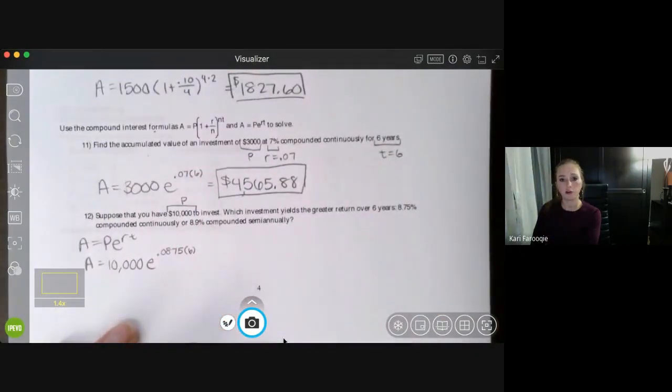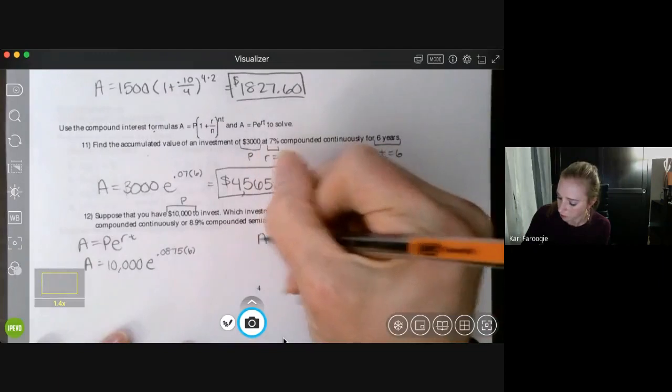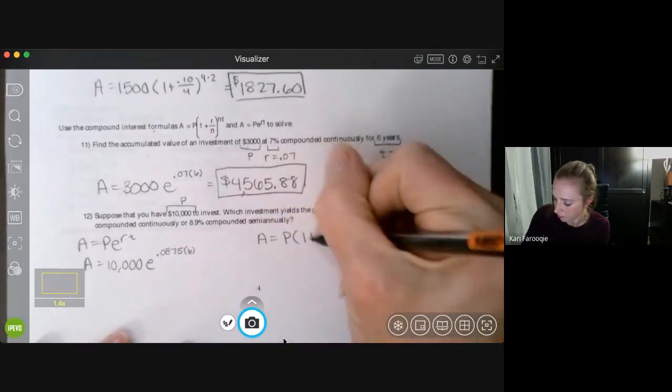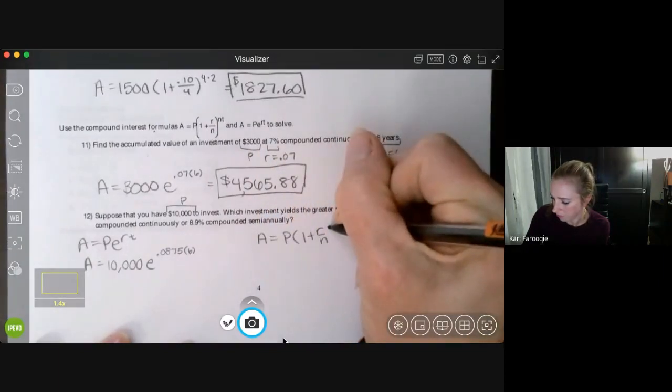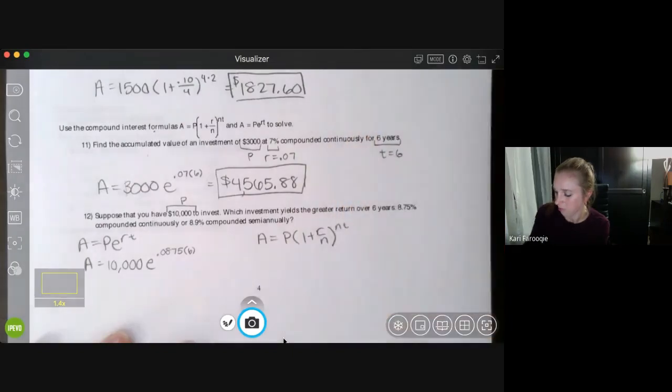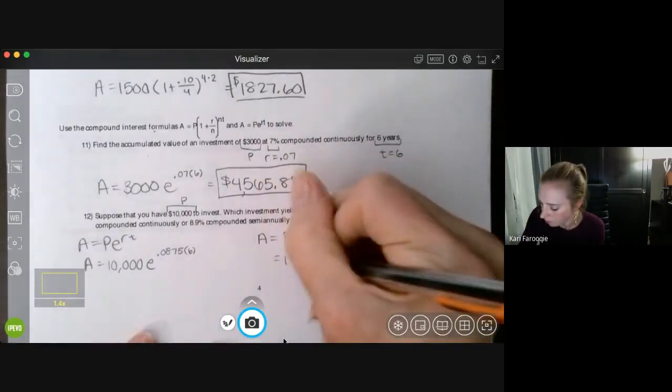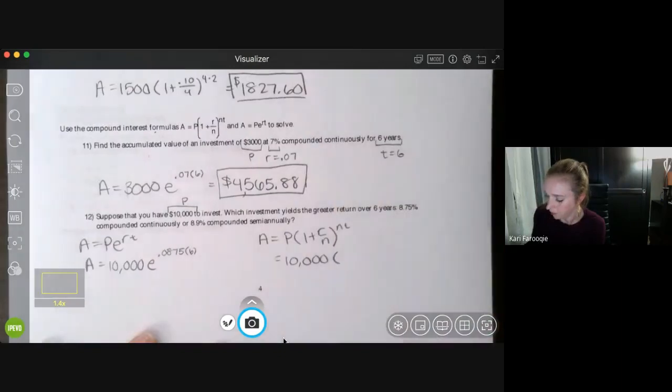Now, if you want, you can just set up both equations and then put them both in your calculator at the same time. That's what I will do. And then we'll compare that to what happens when we take that same principal and invest it such that we are compounding semi-annually at 8.9%. So the percentage is higher.